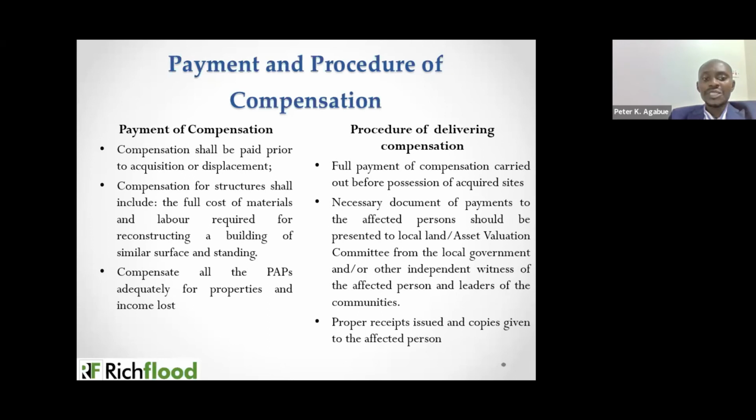Procedures of delivering compensation. The procedures should include full payment of compensation carried out before possession of acquired sites. That is very important.